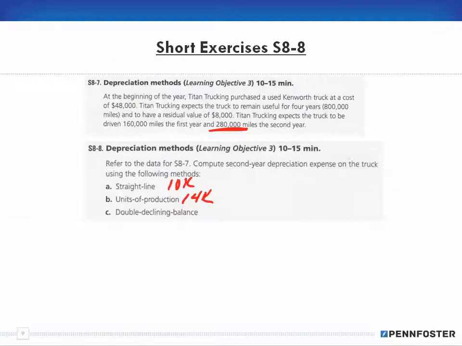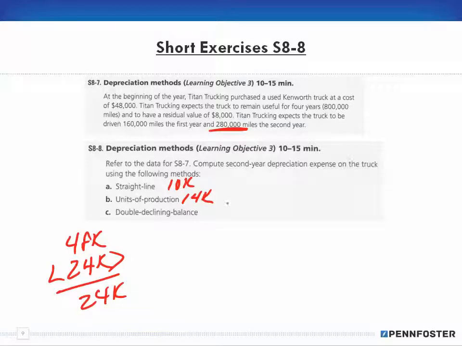But now the whole idea behind double declining balance is you're taking that 50% of the remaining book value. So I started out with 48,000 as my book value of the truck, and after the first year I depreciated it the 24,000. So I have 24,000 as my new book value.